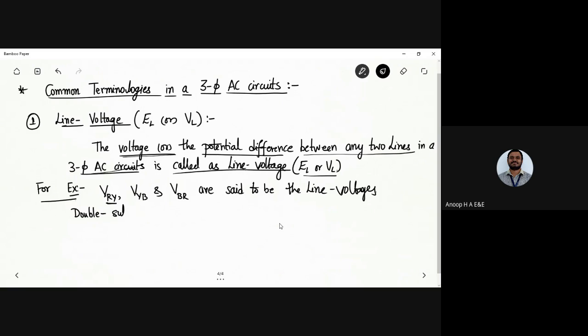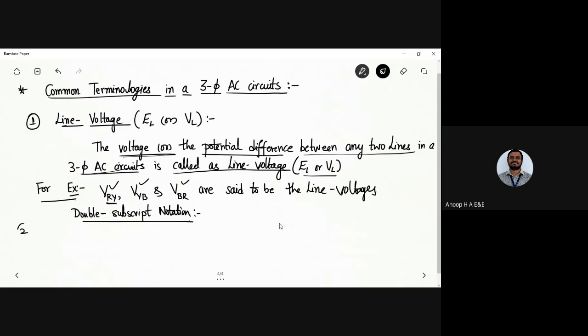Go through the textbook once and you will find this double subscript notation, because to measure the potential difference you need two terminals. That's the reason we have this double subscript notation.